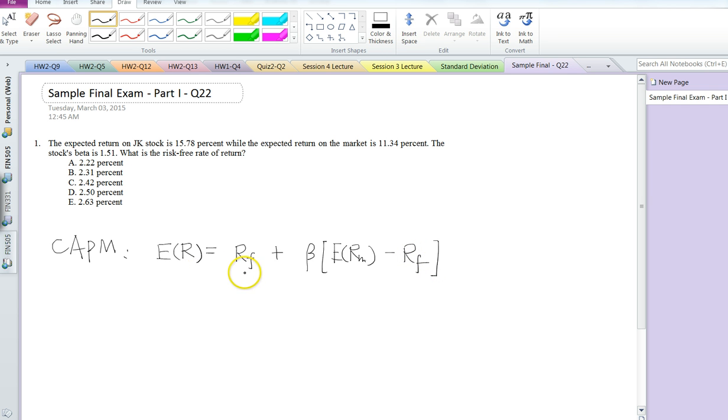As we said, normally the question may give you the risk-free rate, beta, and market return, or sometimes this whole chunk, the difference between market return and risk-free rate, which is called the market risk premium.